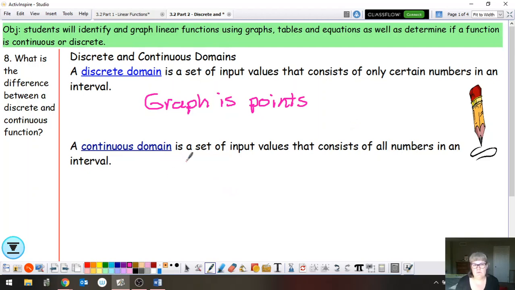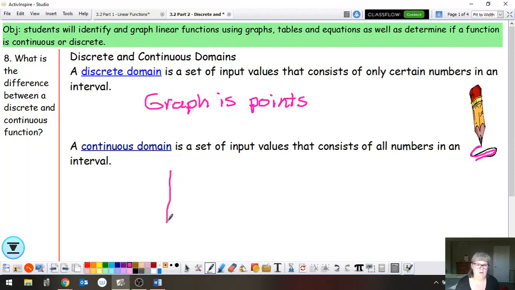For a continuous domain, it's a set of input values that consists of all numbers in an interval. So if you think about this pencil here and how I could trace this image, I was able to do that continuously. So a continuous domain is when I have a curve.